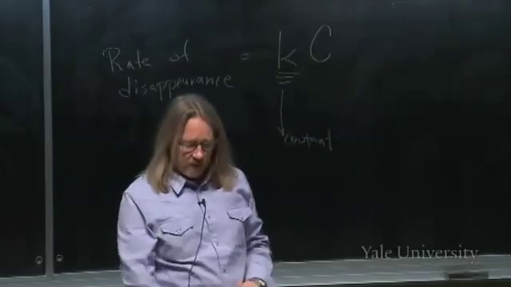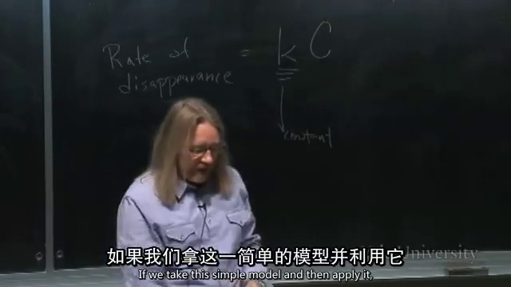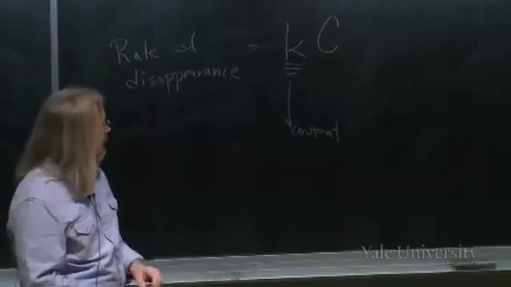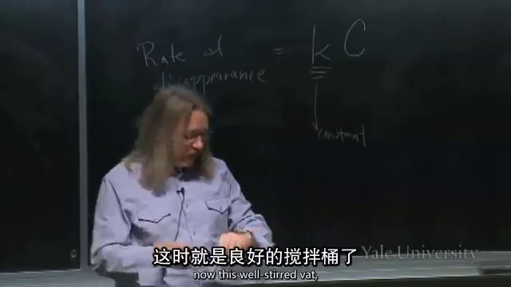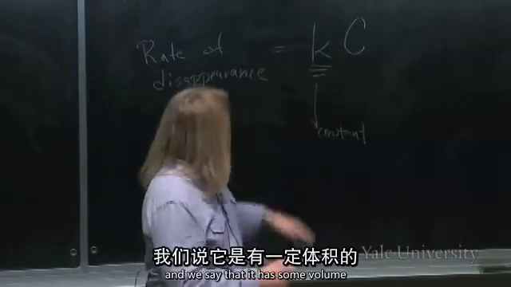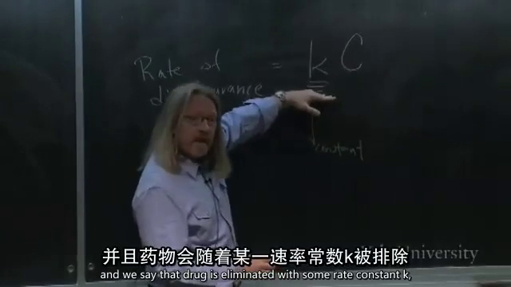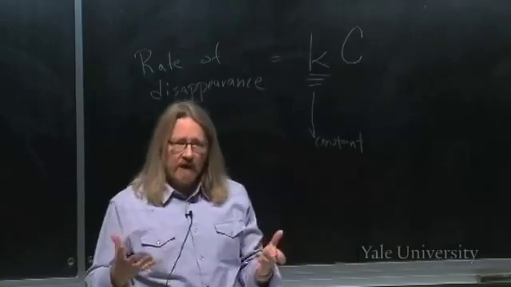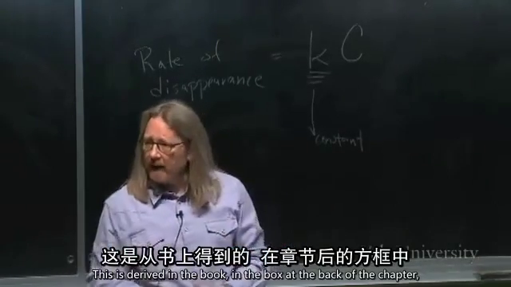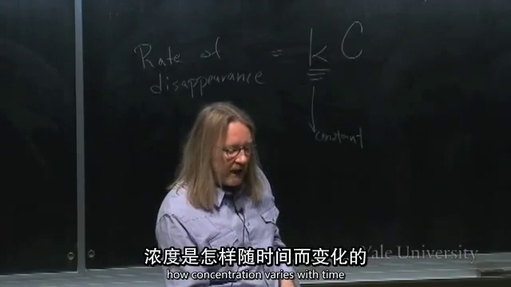Okay? If we take this simple model and apply it, and we introduce a dose directly into the body, now this well-stirred vat, and we say that it has some volume, and that drug is eliminated with some rate constant K, we could derive a simple equation, and this is derived in the book, in the box at the back of the chapter, that would tell us how concentration varies with time.